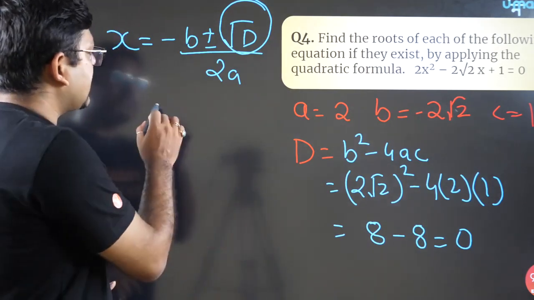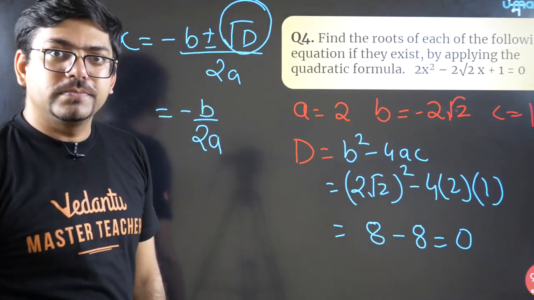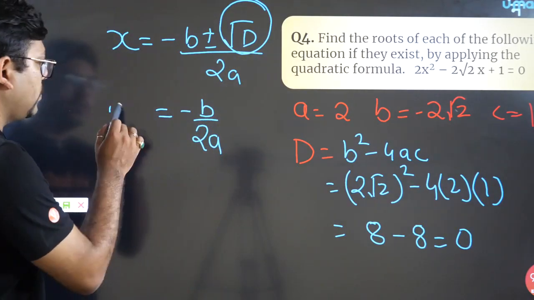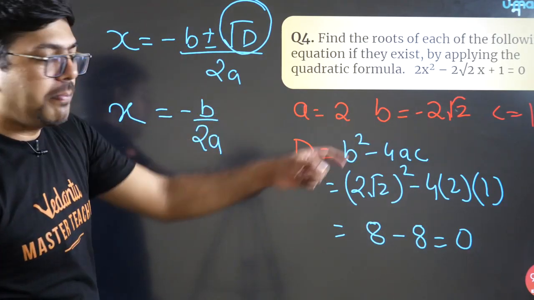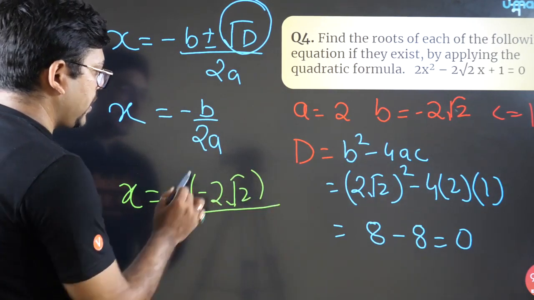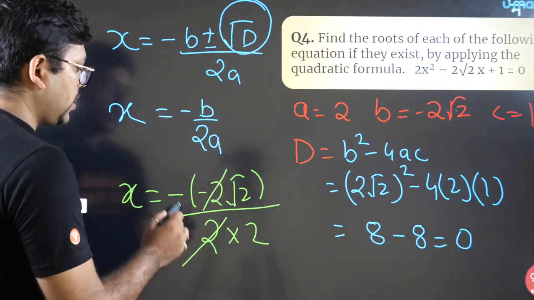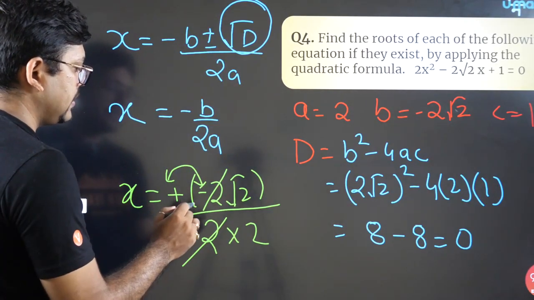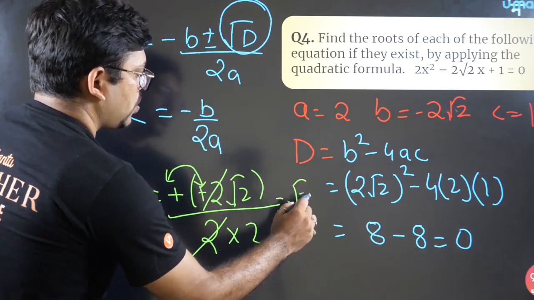So your entire answer would be only one: minus b by 2a, because d is already gone. You just put the values. x is equal to minus, b is minus 2 root 2, so minus of minus 2 root 2 divided by 2, and a is also 2. So 2 and 2 gone, minus into minus is plus, and you have got root 2 by 2. So the answer is root 2 upon 2.